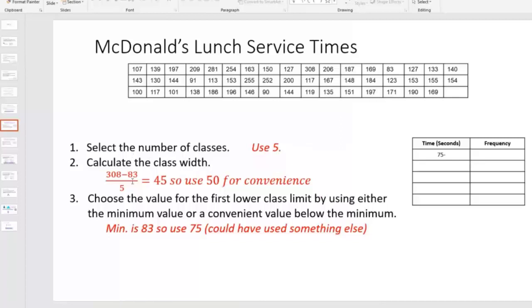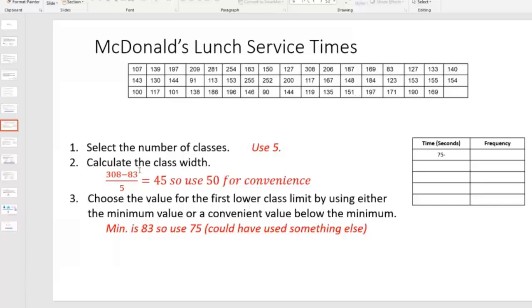Now to calculate the class width, you take the high value minus the low one and divide it by the number of classes. You have to look at your data very closely to find the highest one here at 308, and then find the lowest one, which was 83, and it's right over here.